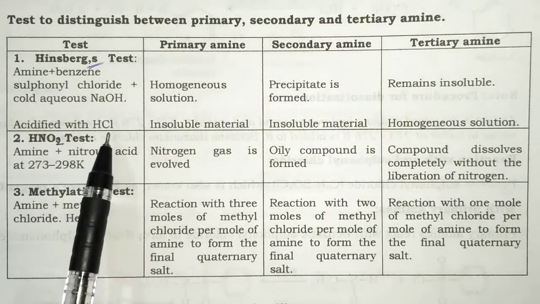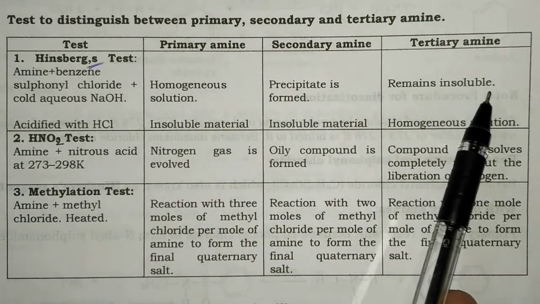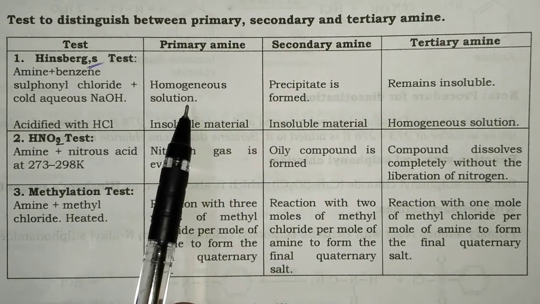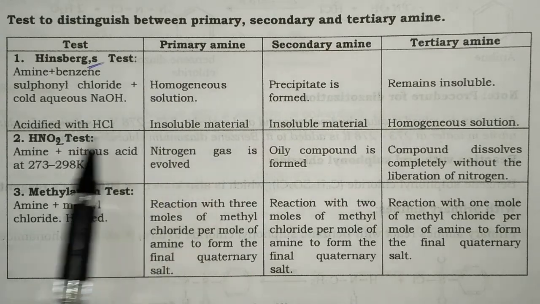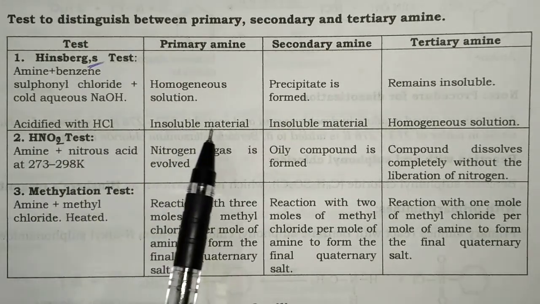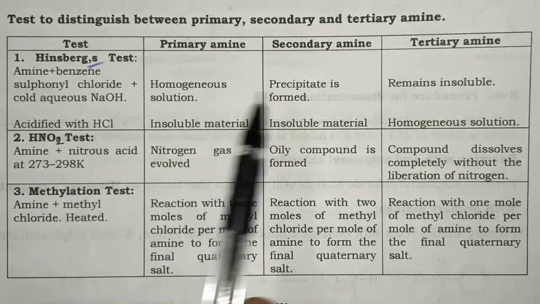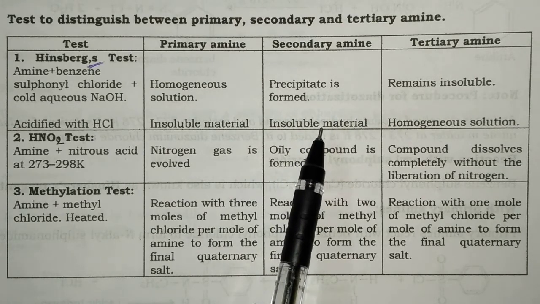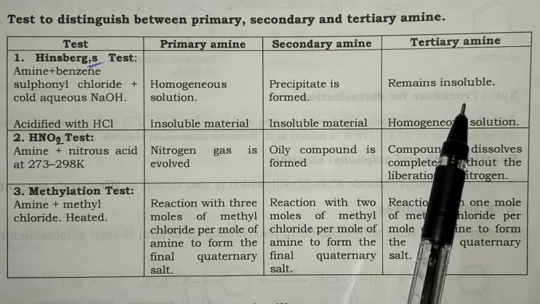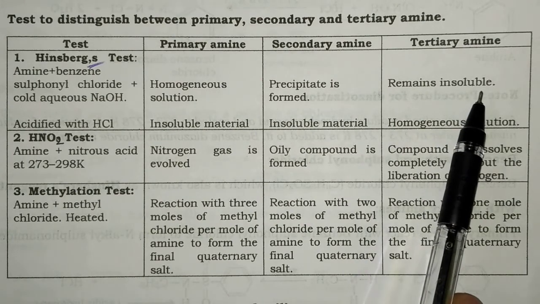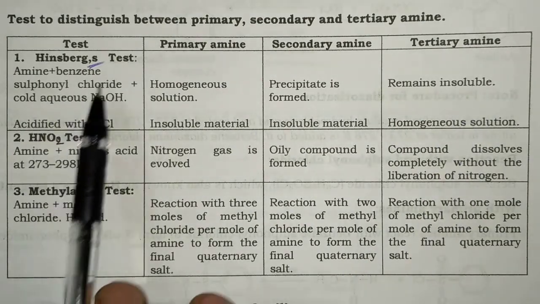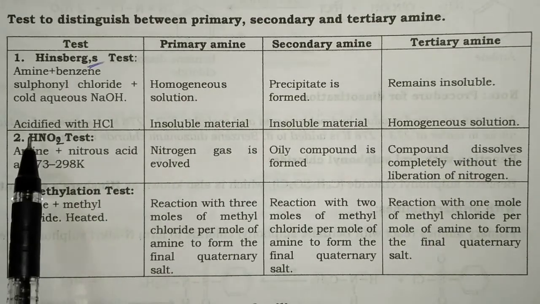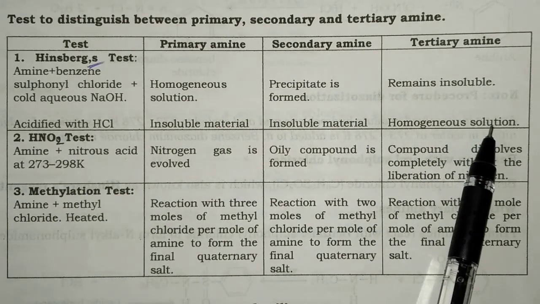Finally, it is acidified with HCl, and these are the observations. Primary amines form a homogeneous solution, and if acidified with HCl, you get insoluble matter. Secondary amines form a precipitate, and insoluble material remains after acidification. Tertiary amines remain insoluble with these reagents, and on acidification they form a homogeneous solution.